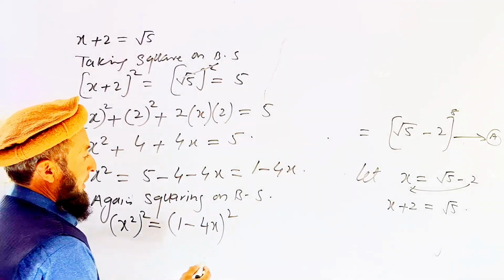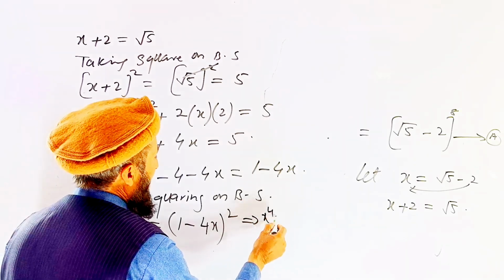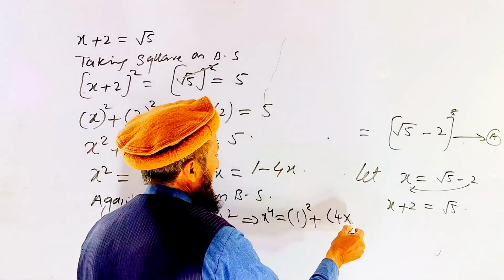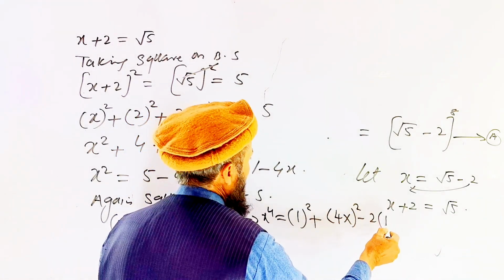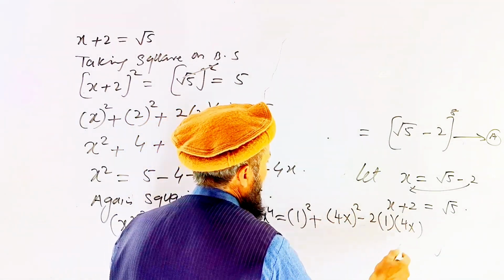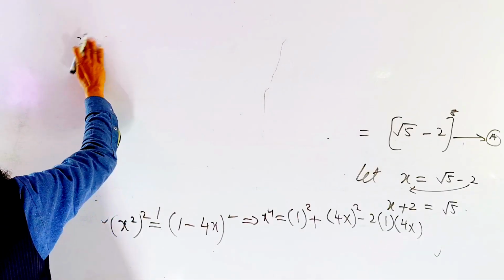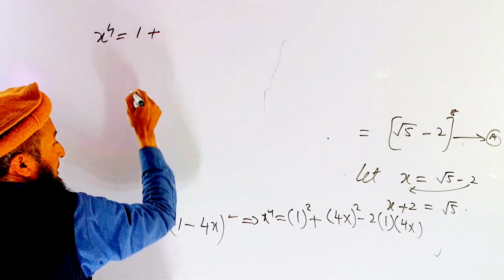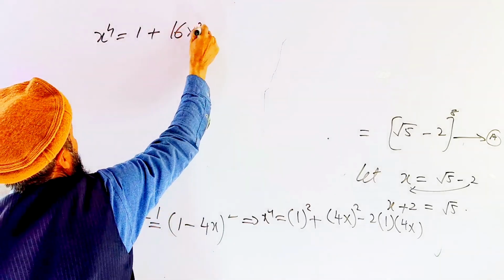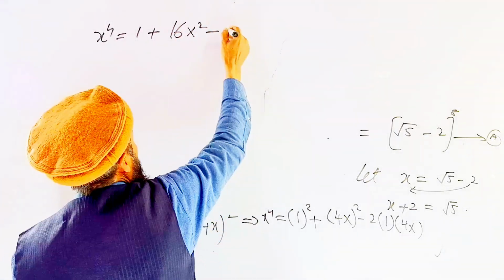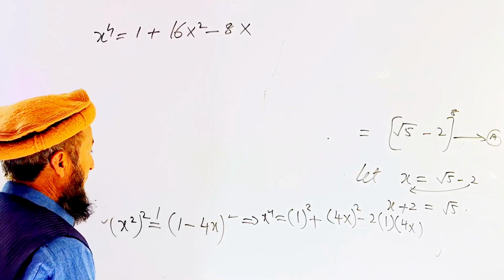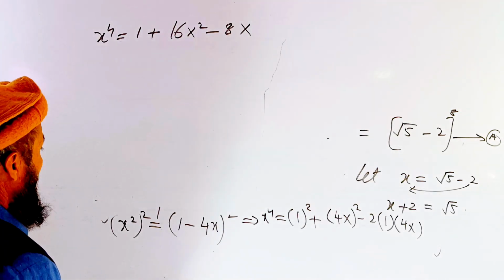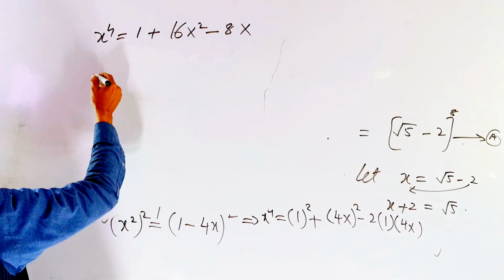So we get here x4 is equal to a square plus b square minus 2ab. x4 is equal to 1 plus 16x square minus 8x. Now we replace the value of x square is 1 minus 4x.